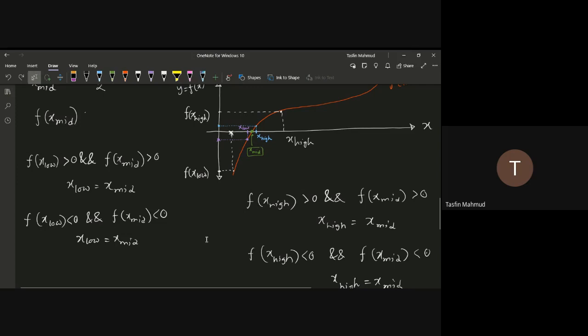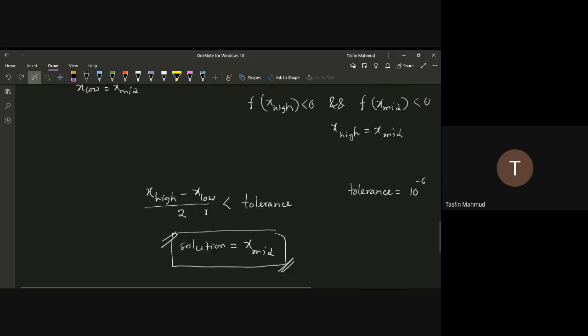If the function value matches with f of x high or f of x low, then update that x low or x high with x mid, and do this over and over again in a loop.